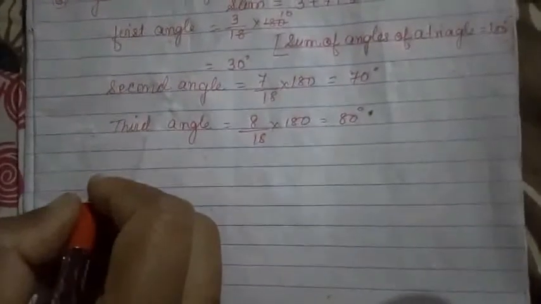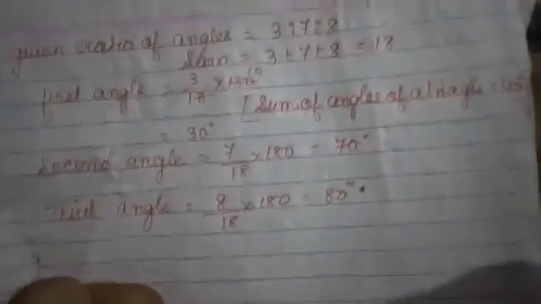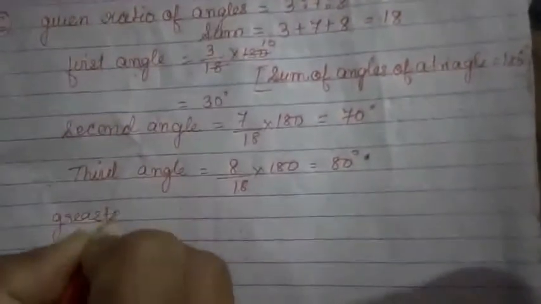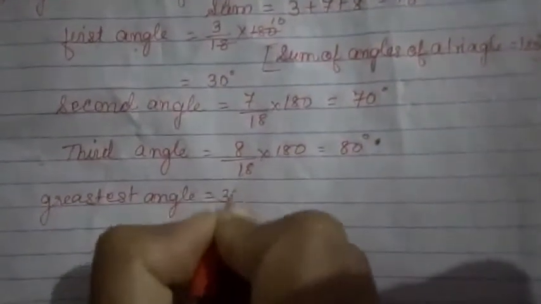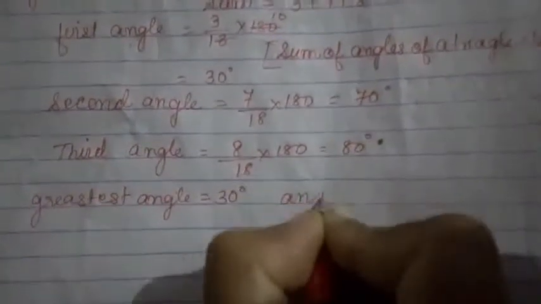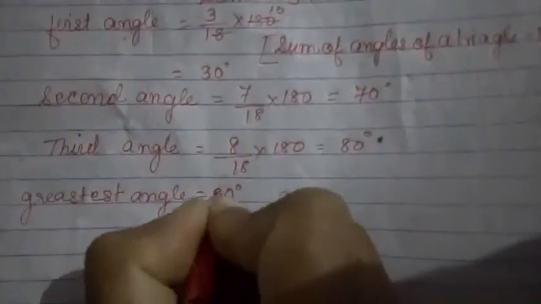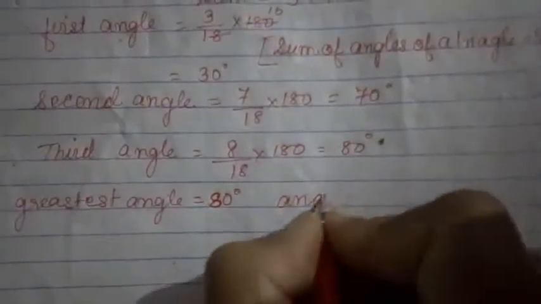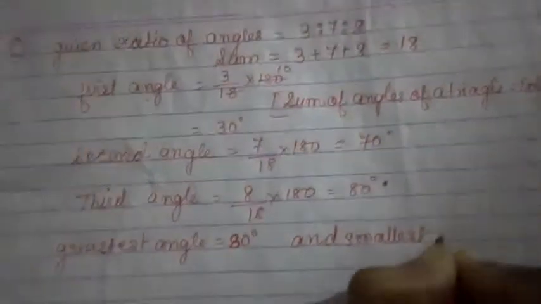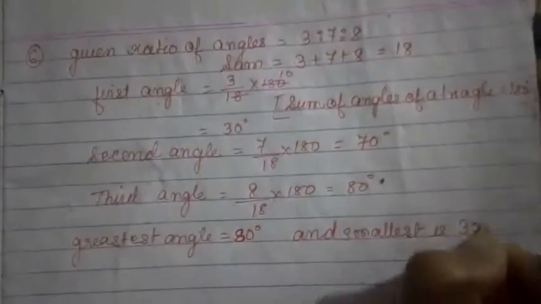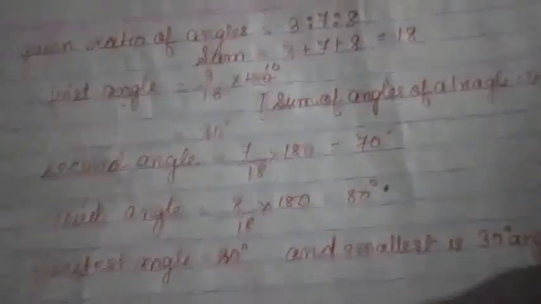So here in the question is given which is the greatest and which is the smallest. So greatest angle is equal to, not 30, it is 80. Greatest is 80 and smallest is 30 degree angle. So we have completed up to question number 6.